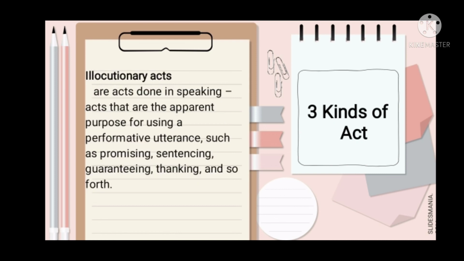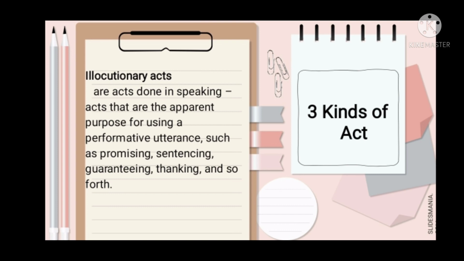Another kind of act is illocutionary acts. These are acts done in speaking, acts that are apparently the purpose of using a performative utterance such as promising, sentencing, guaranteeing, thanking, and so forth.